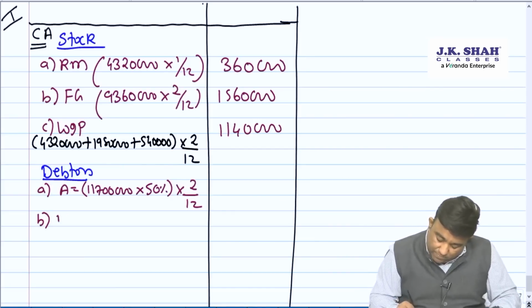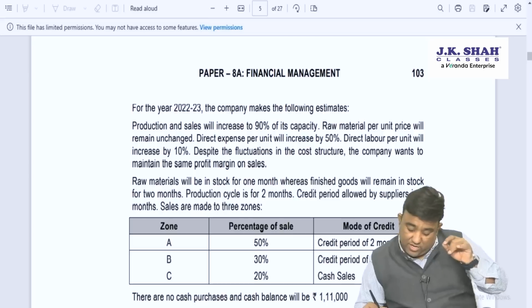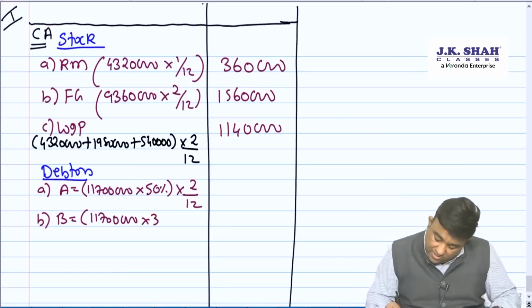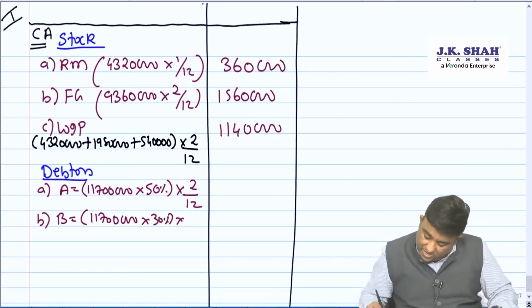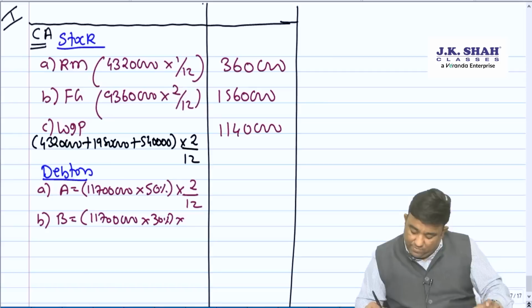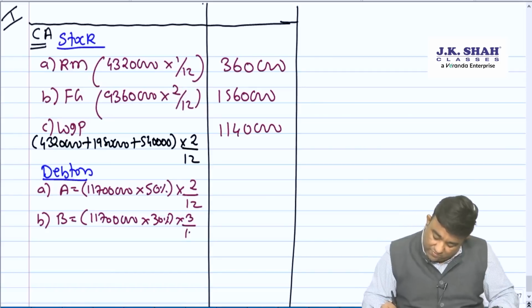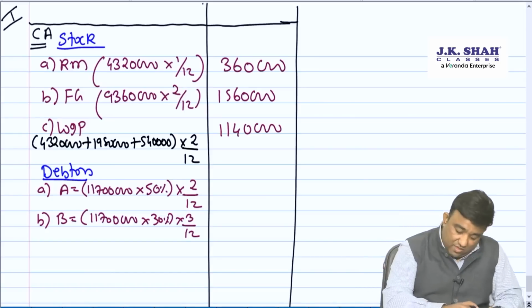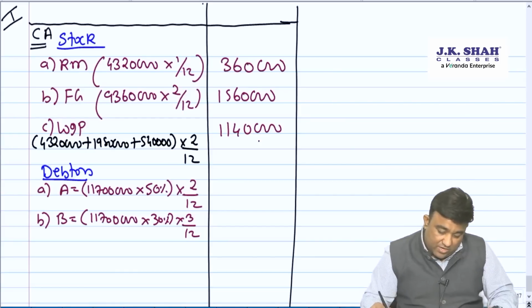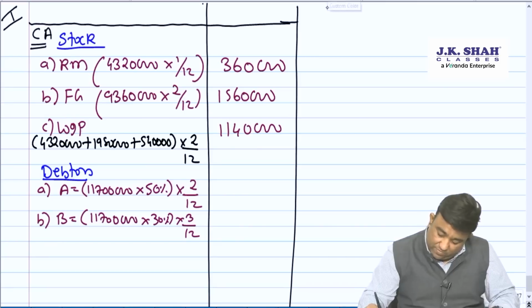And B zone is 1 crore 17 lakh into the credit is 30% credit sales, and the credit terms are 3 months, into 3 by 12. Can I do the mathematics? 1 crore 17 lakh into 50%, I can say this is 9 lakh 75,000.